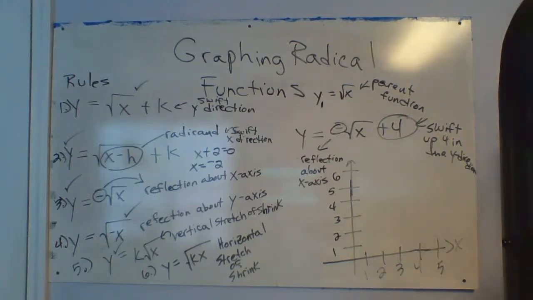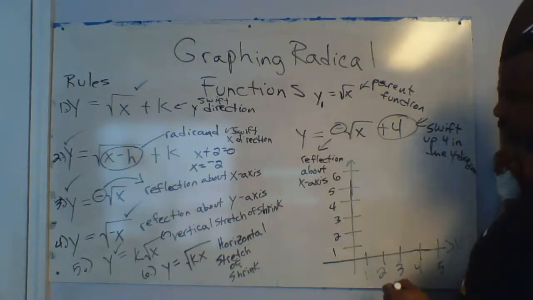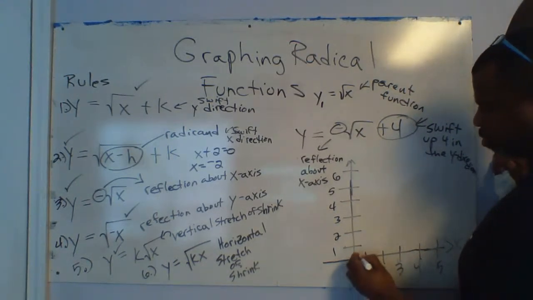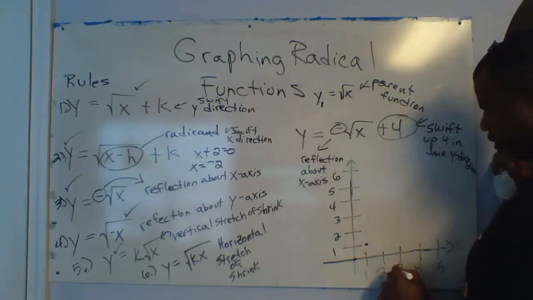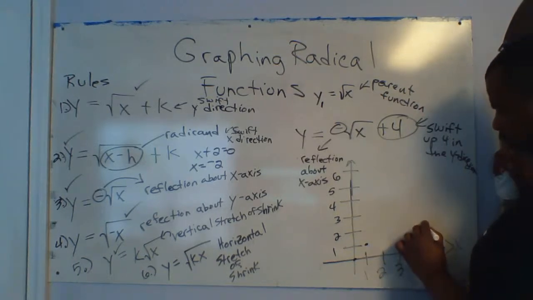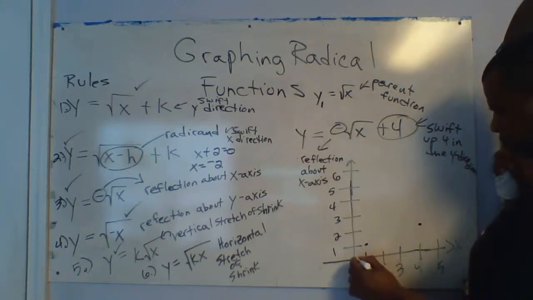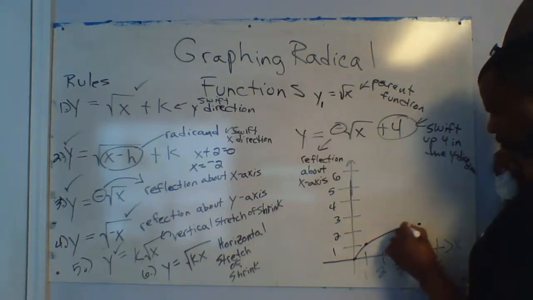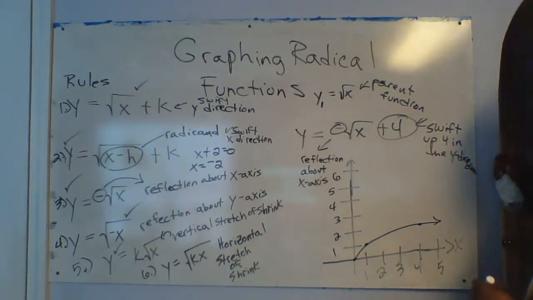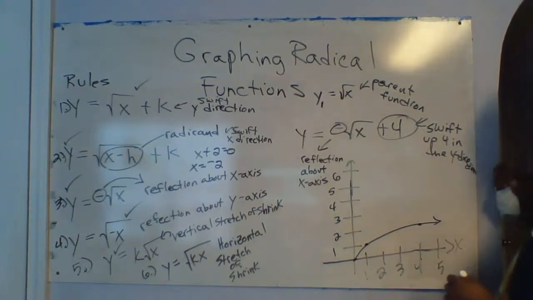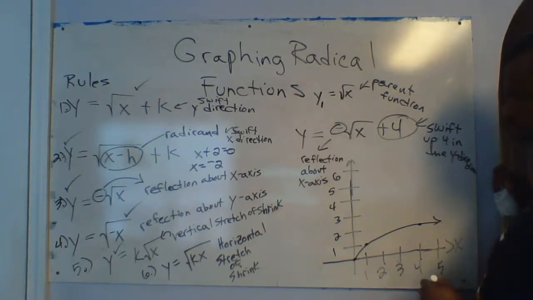All right. So we're going to do the parent function. If we do the parent function of this, we should get 0, 1, 1, 4, 2. All right, remember, we've got to do a reflection of this, right?